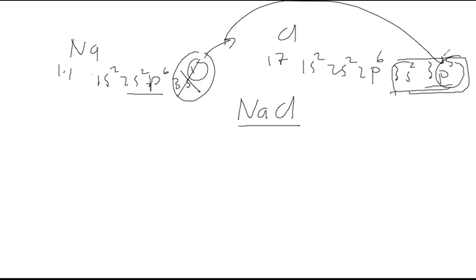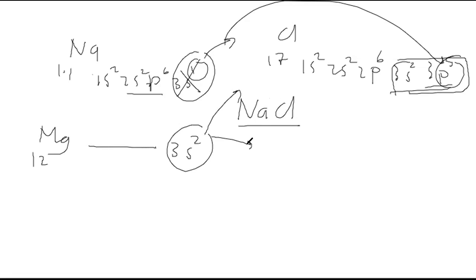But let's see what would happen if we have magnesium, Mg 12. Magnesium has an electron configuration like sodium, except that the outermost energy level contains 2 electrons. So during a chemical reaction, it will lose 2 electrons. Chlorine has the same electronic structure as before, so it can receive 1 electron. What about the other electron?